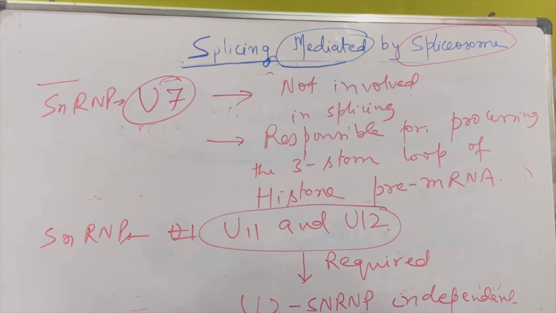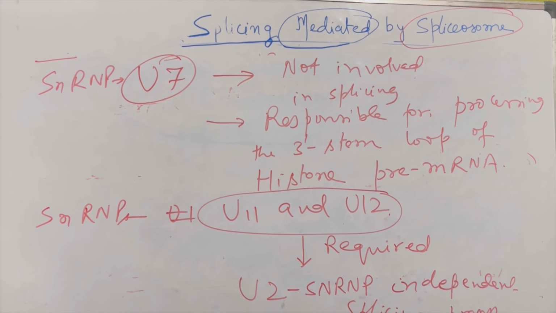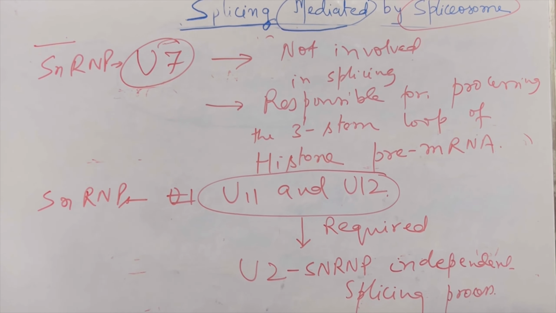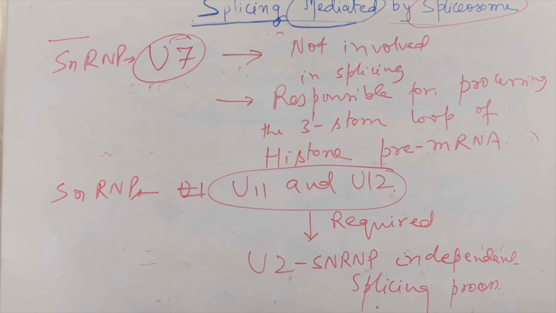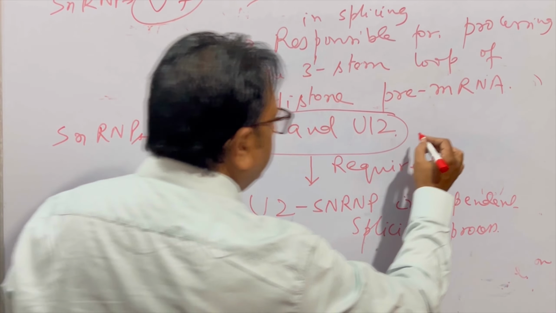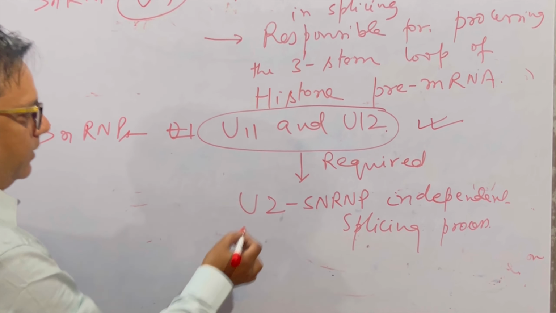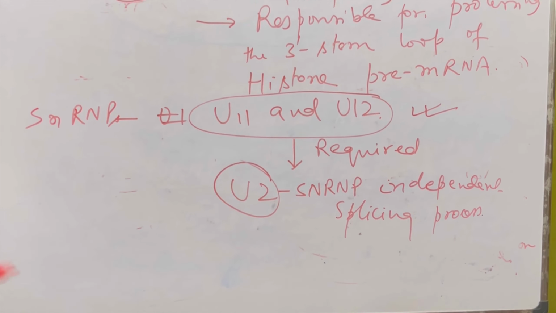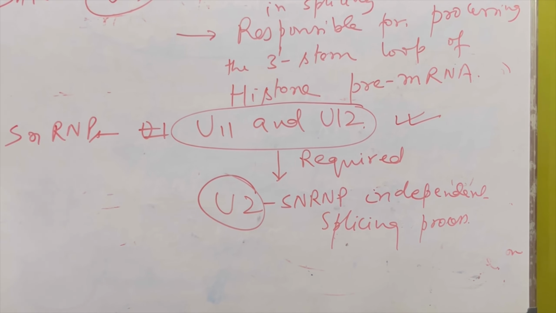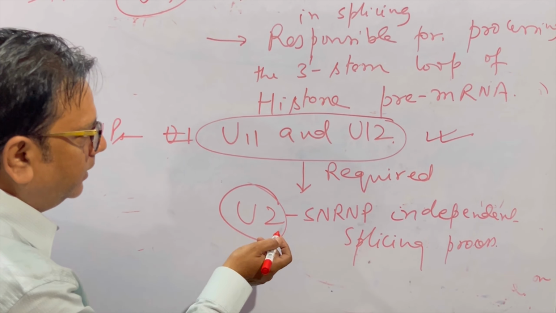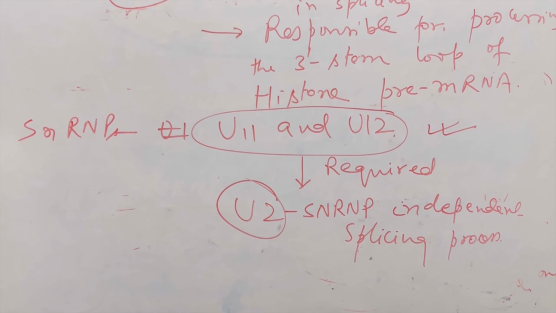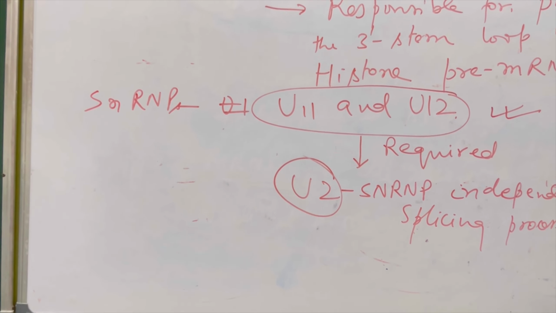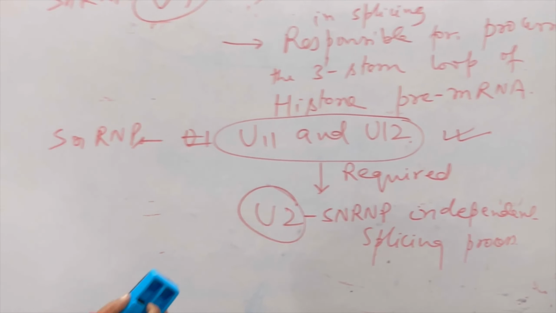U7 is not involved in splicing, but it is involved in histone pre-mRNA 3' stem loop processing. But for some U2-independent splicing, you have U1, U4, U5, U6 but not U2, so you will require U11 and U12 snRNPs as the building blocks of spliceosomes of a different kind.